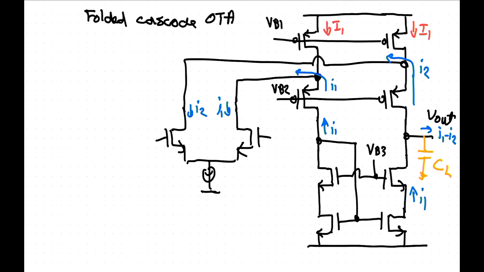And the more current you have in your differential pair, the more current you have in these, the lower the thermal noise. So this structure is better from a noise perspective. Because for the same gain, you can put most of your current here, and you get good noise performance. So that is handy. It's good for noise.